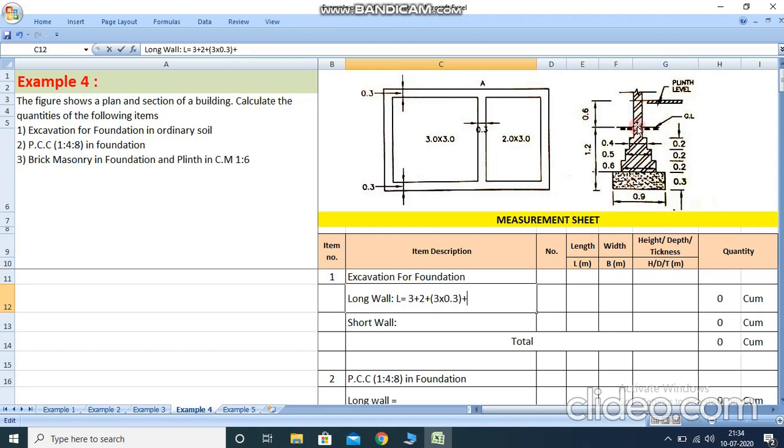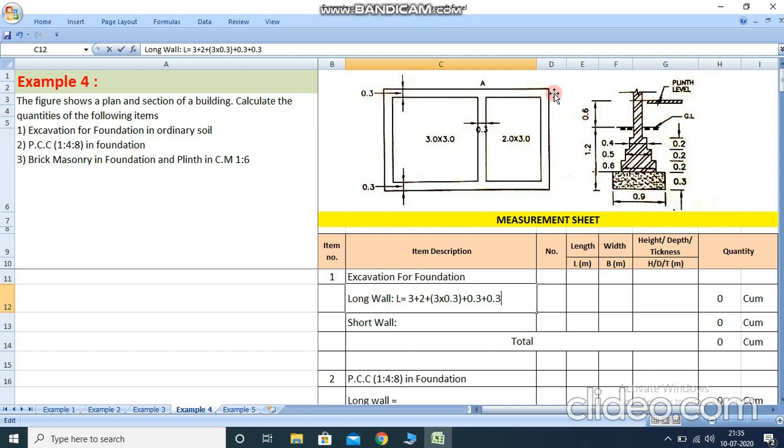So 0.6 is the difference between the wall and the PCC work. From this point to this point, the part is 0.3 as the right side and 0.3 as the left side, clear. So we include 0.3 plus 0.3, two times, for this side step footing and for this side step footing, right and left side.